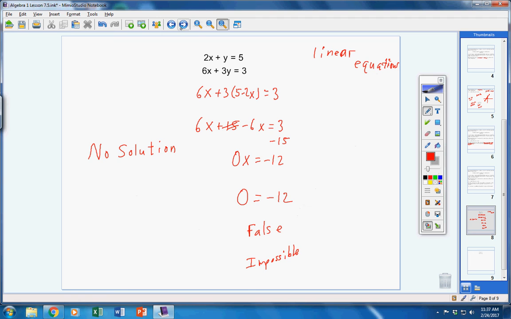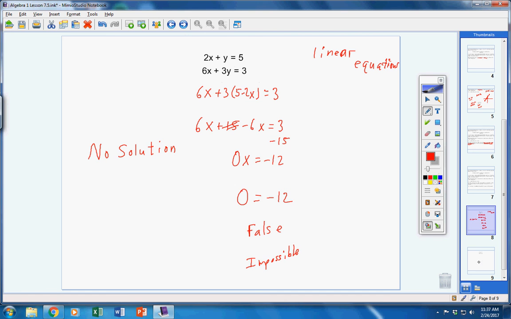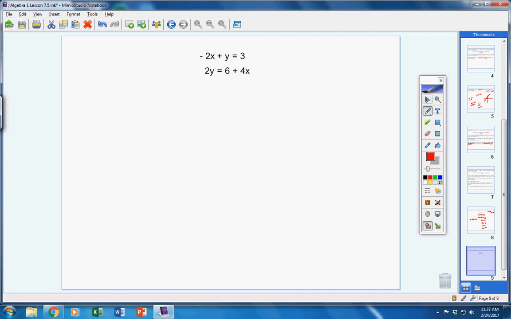Now, I want to give you a scenario where the answer is infinite solutions. We did substitution over here, so we're going to do linear combination here. So the first thing we have to do is to line up our equations so they go in the same order. So my top equation is x, y equals constant term. So I'm going to bring my 4x over and make it a negative 4x.